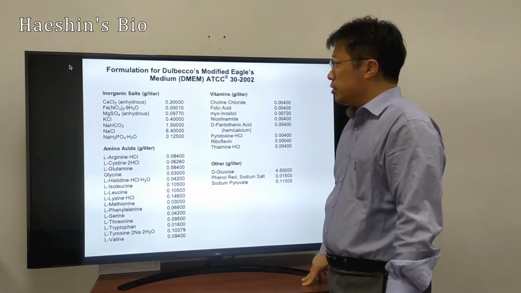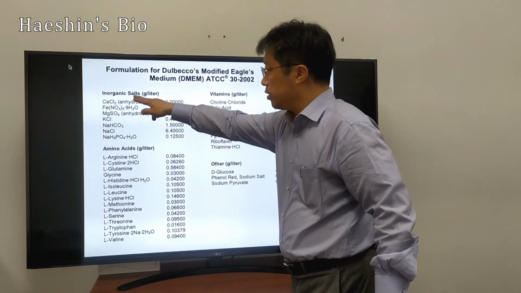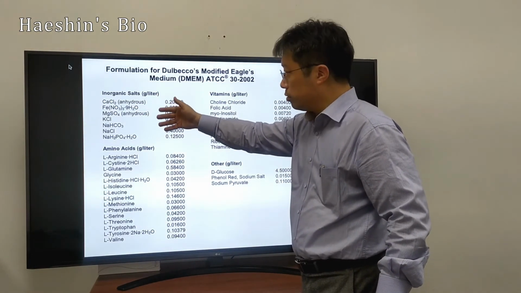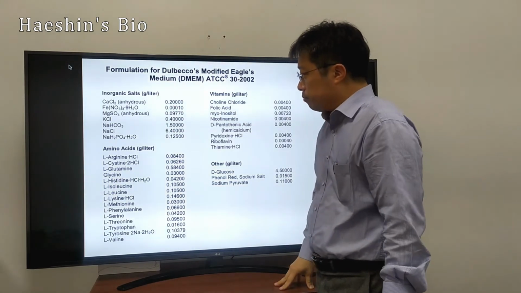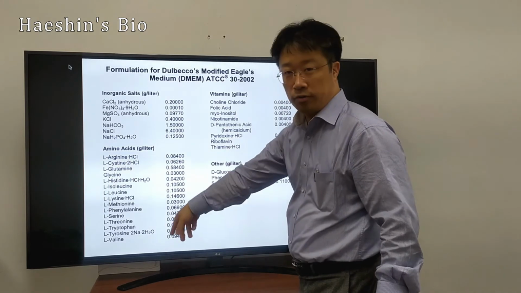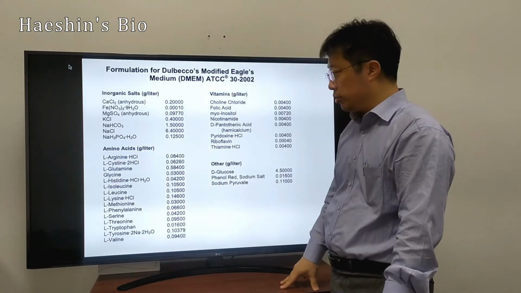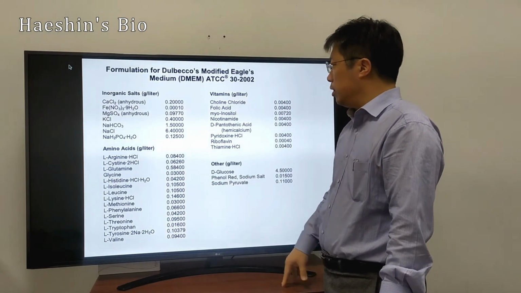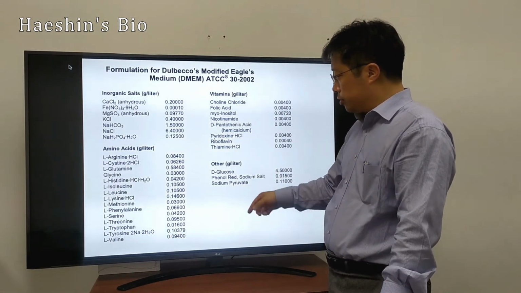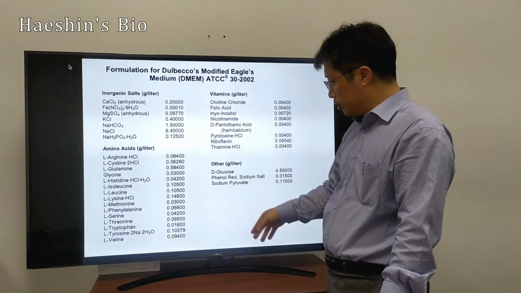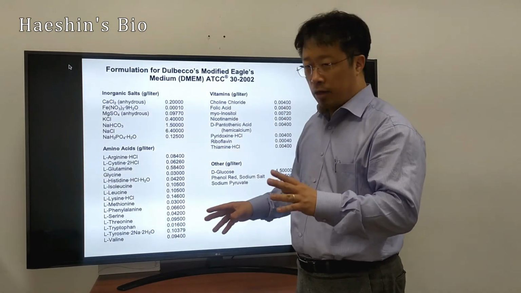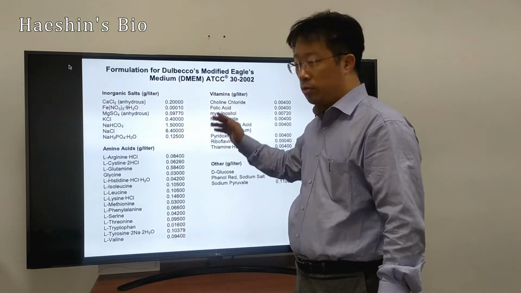The formulation is basically some inorganic salts, sodium salt and potassium salt, calcium, and also the 20 different amino acids, or essential amino acids, that we have to add, and also the vitamins shown here, and others such as glucose, phenol red, and sodium pyruvate. I will not explain them one by one.